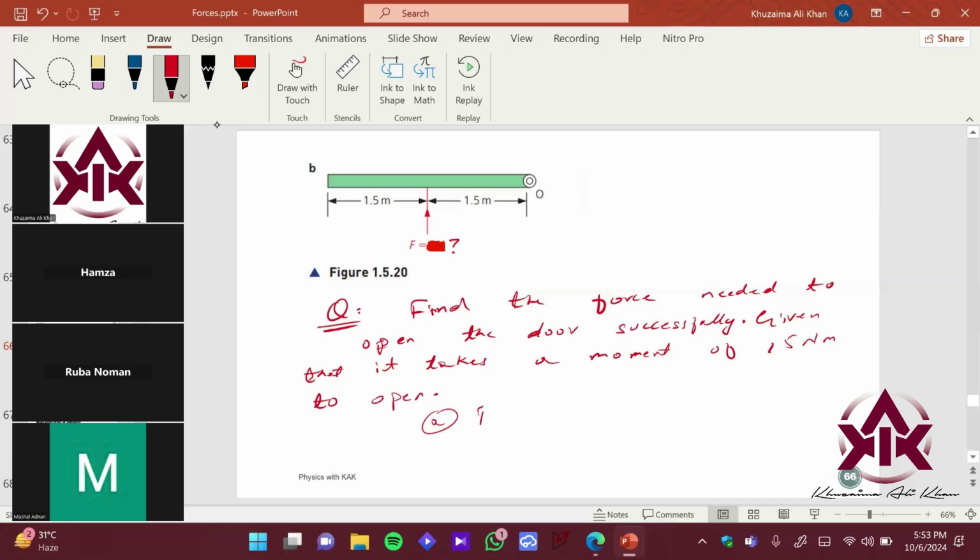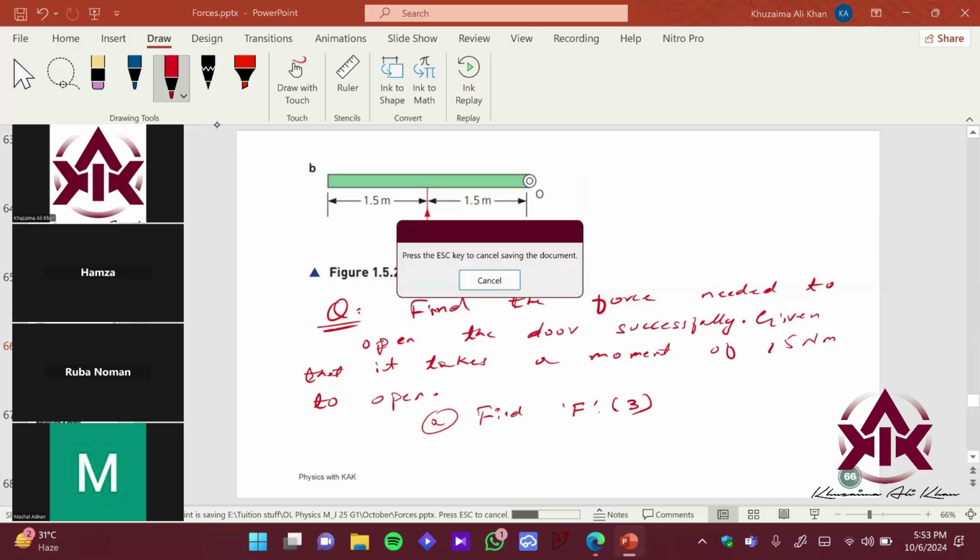So we want to find F, with the distance of 1.5 meters. So guys, take out your calculators, take out your copies, pencil, and I'm going to give you 3 minutes to solve this question and get an answer.